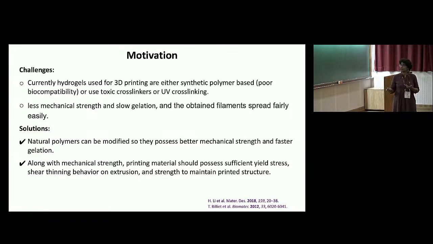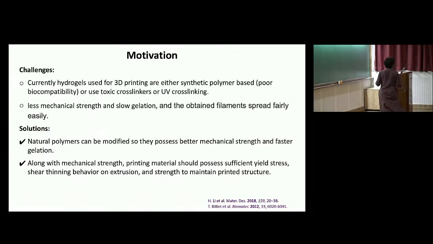So in our case, we have chosen natural polymers, which we would like to modify to process them better, which we think have better mechanical strength and faster gelation. And along with the mechanical strength, the printing hydrogel should possess sufficient yield stress, which I will explain, shear thinning behavior, and strength to maintain the printed structure.